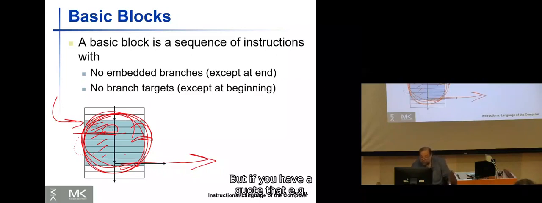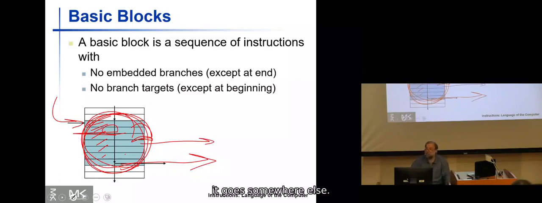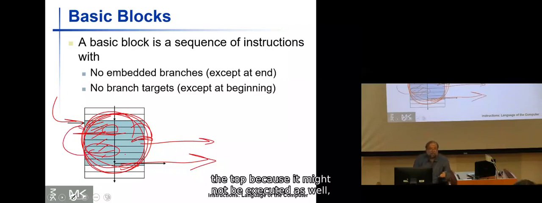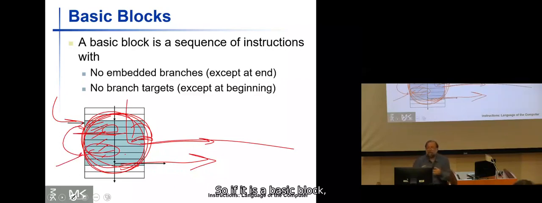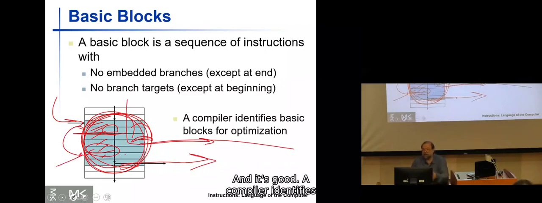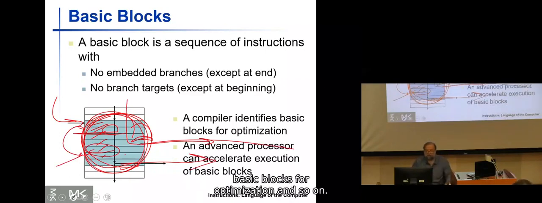But if, for example, there is a branch here that goes somewhere else, you cannot bring this instruction to the top, because it might not be executed at all: we might reach this branch and it goes out, and this instruction is never executed. So if it is a basic block, then the compiler can work on that, and it's good. A compiler identifies basic blocks for optimization and so on.